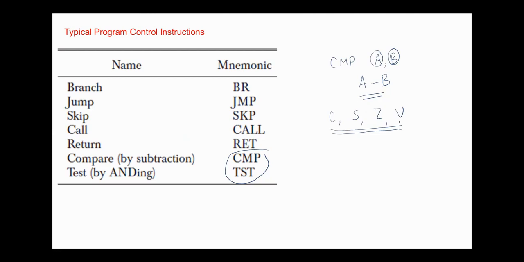So in the next instruction, we can use the values of these flags as conditions. While the test instruction, for example, X, Y, performs the logical AND operation, and again, the result is not returned anywhere in the arithmetic logic unit, and the values of X, Y are not changed. So these two instructions affect the flag values only.